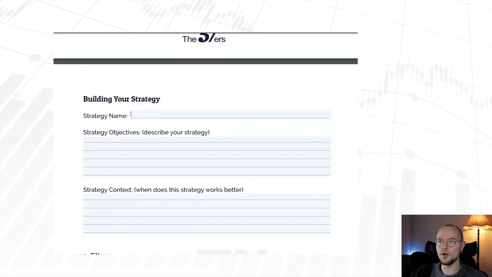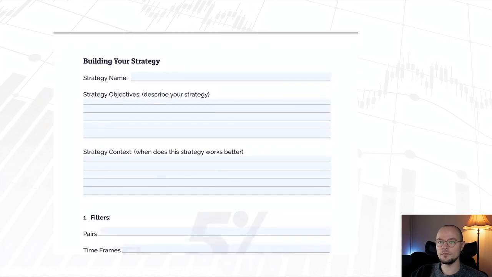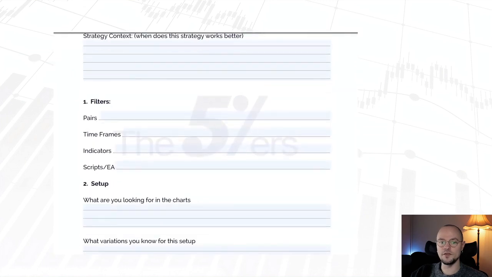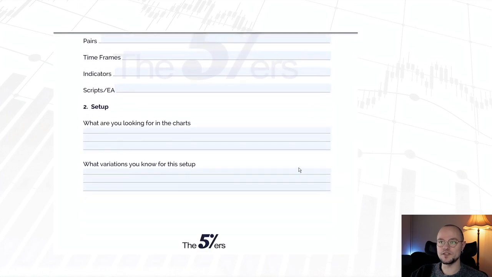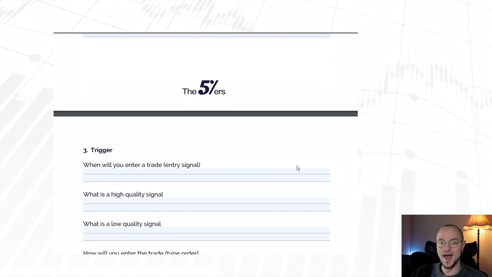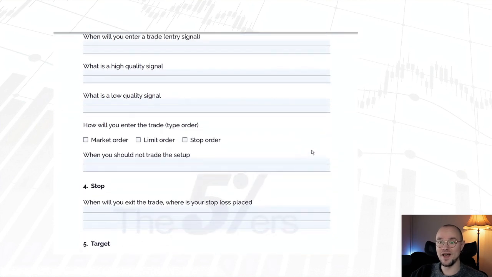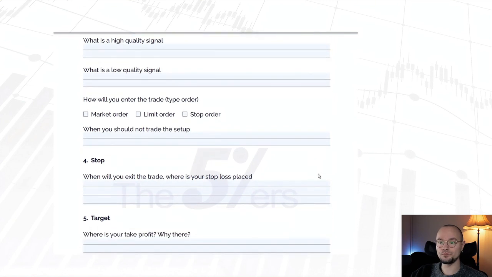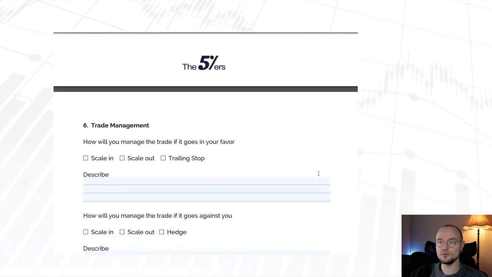So, you get to name your strategy, and then you start filling in some of these blanks, which we talked about before, which were some of the building blocks of a strategy: what pairs are you going to trade, what time frame, are you using indicators, are you using an EA or an algorithm, your setup, what are you looking for in the charts, what are your points of interest, your triggers, when are you going to enter the trade, like we said before, when are you going to exit the trade, when is your stop, and also trade management.